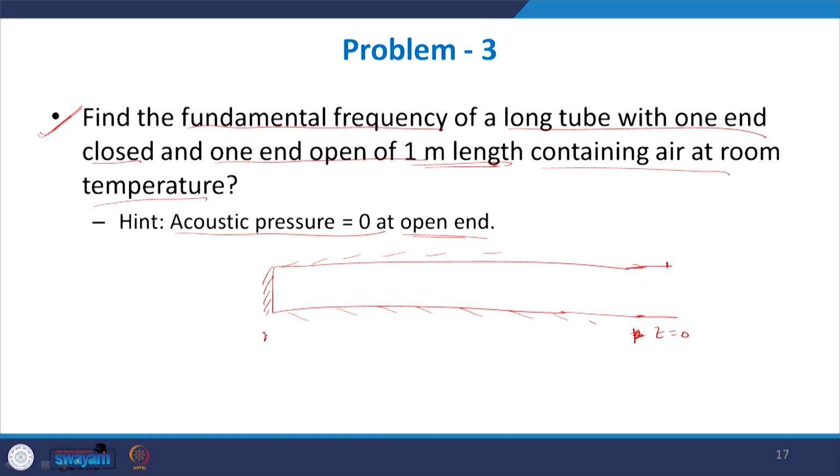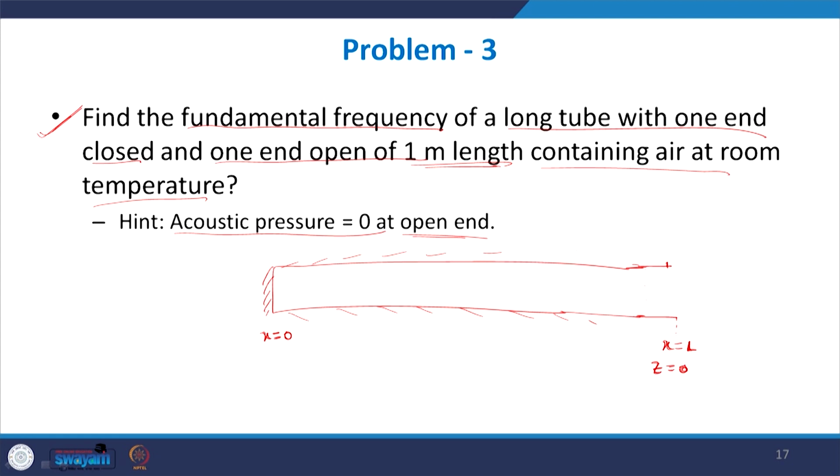So let's say at x equals 0 we have a closed end, and the other end is at x equals L. At the other end we have an open end. At the open end it offers no resistance to the flow of sound, so Z becomes 0.